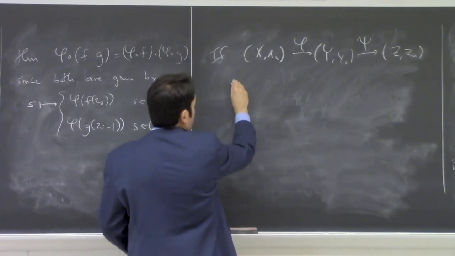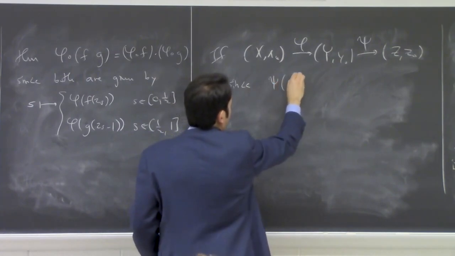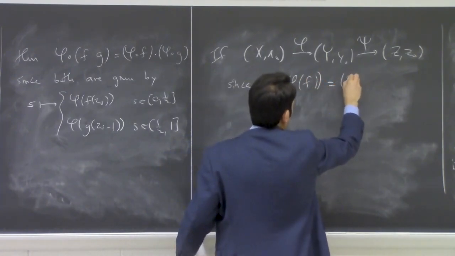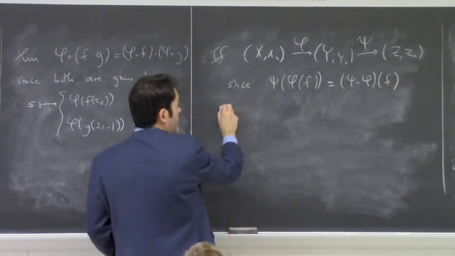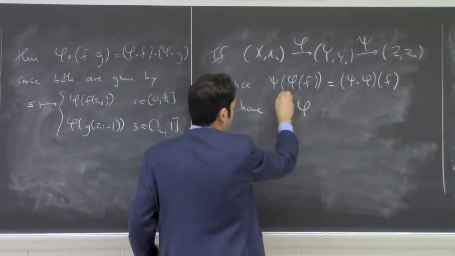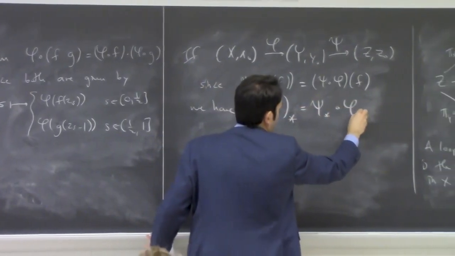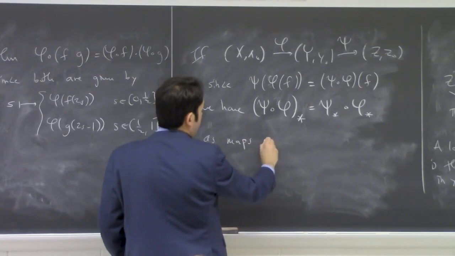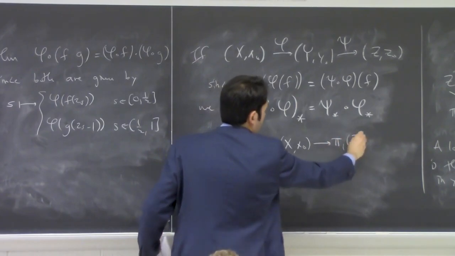Then, since composition is associative, we have phi composed with the induced map of the composition is equal to the composition of the induced maps as maps from pi 1 of x naught to pi 1 of z naught.